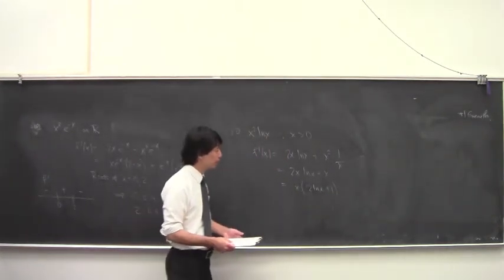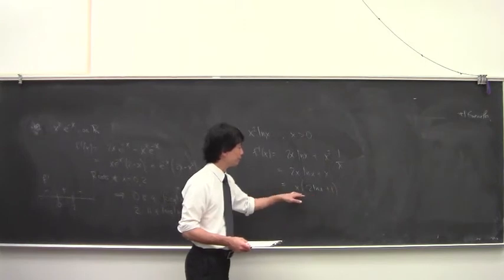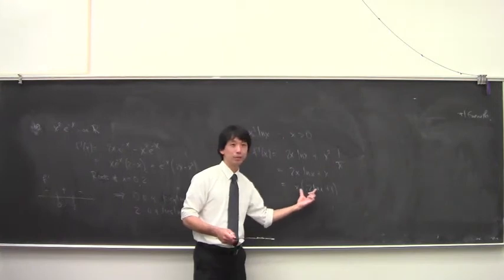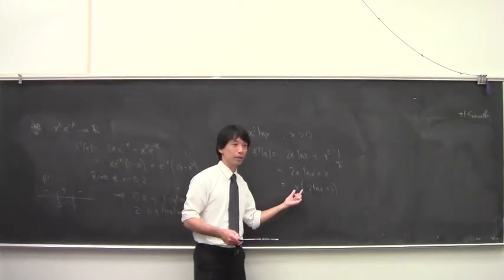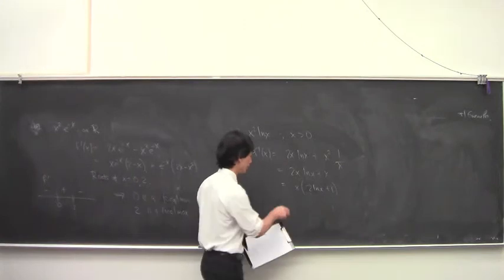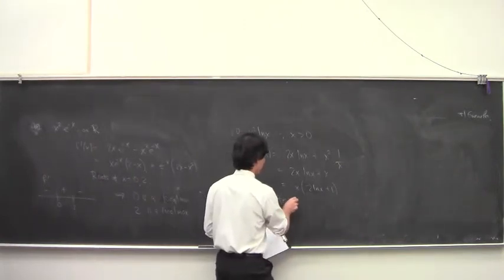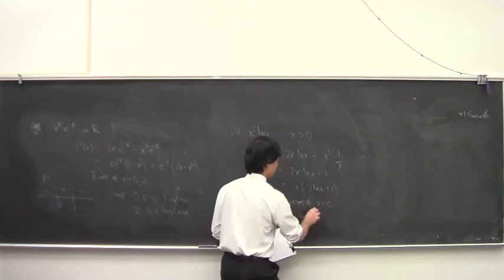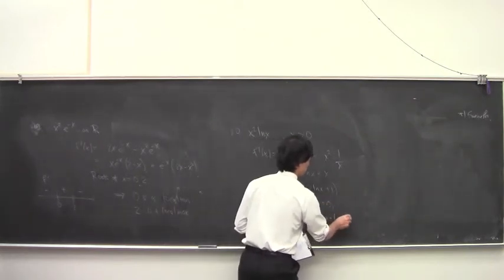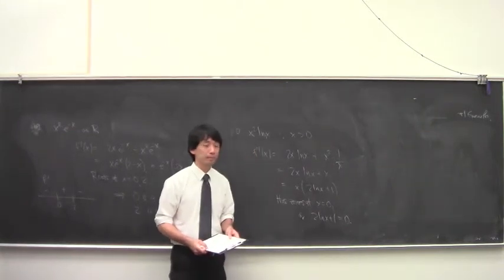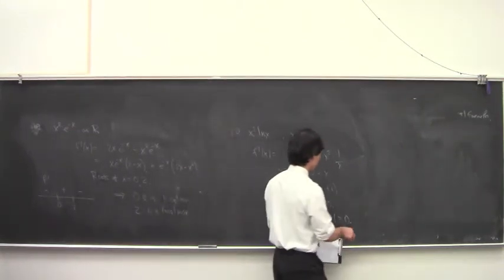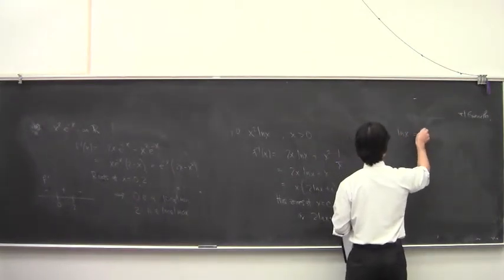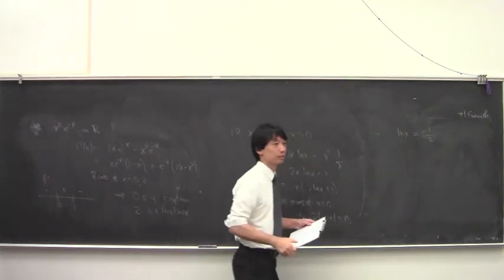So where is that equal to 0? The only way you can get 0 is if one of the factors is 0. So either x is 0, so this has zeros at x equals 0, or this equals 0, right? Looking at the second one, natural log of x equals negative 1/2.